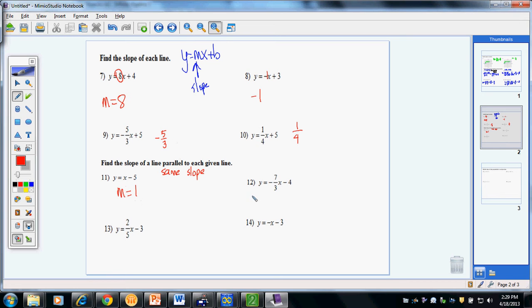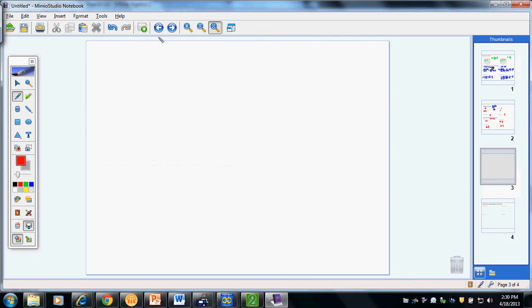Any line parallel to this has to have a slope of negative 7/3. Any line parallel to this has to have a slope of 2/5. And likewise here, it has to have a slope of negative 1.